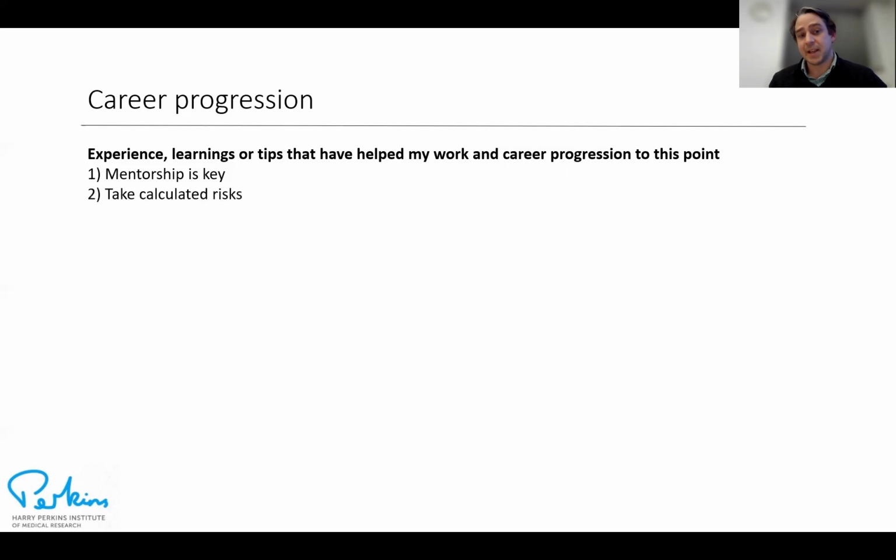And that's really my second point, which is to take these risks when they come along. A lot of time I think of this from an experimental standpoint, but I think it also applies a little bit to career progression. You can have these really great ideas where you want to try something new or try an experiment, and you can always find a million different reasons not to do that experiment or not to try something new because it's safer and it's easier.